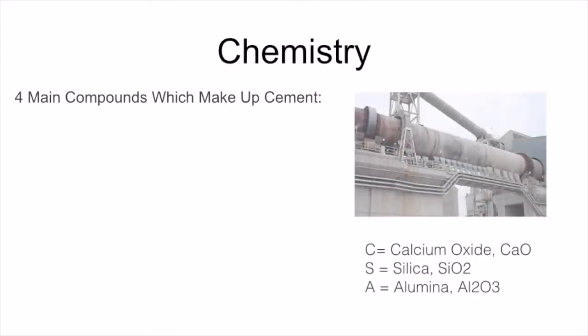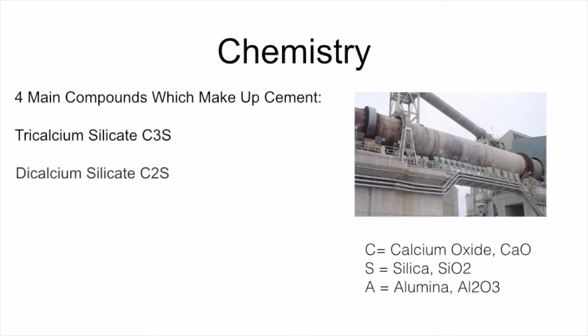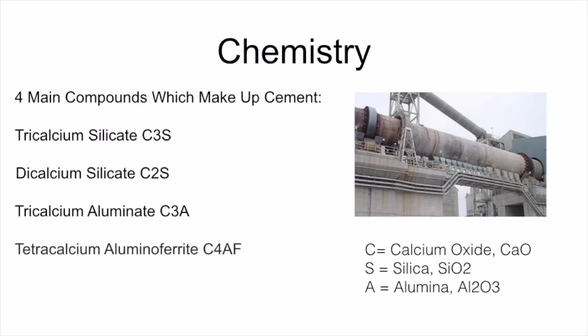When the raw materials are heated to 1500 degrees Celsius, a complex series of chemical reactions create 4 main compounds which make up cement. These are tricalcium silicate, dicalcium silicate, tricalcium aluminate, and tetracalcium aluminoferrite.